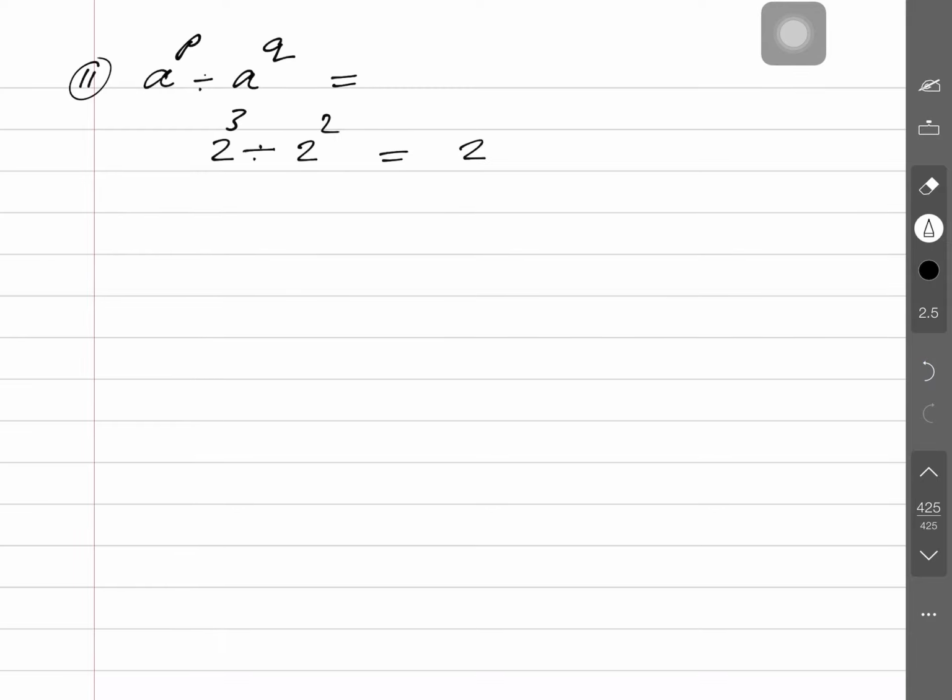It is a simple method: 2 into 2 into 2 divided by 2 into 2. Once 2 cancels, this also cancels, and only 2 to the power 1 is left. And how is the 1 associated? You may understand, the 1 comes as a result of 3 minus 2.